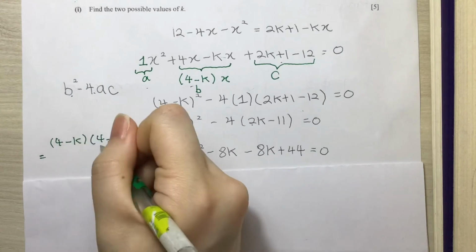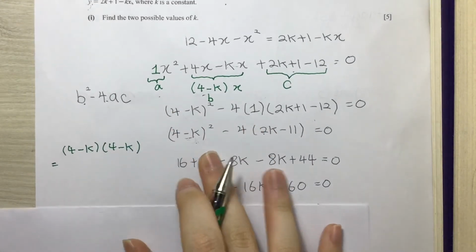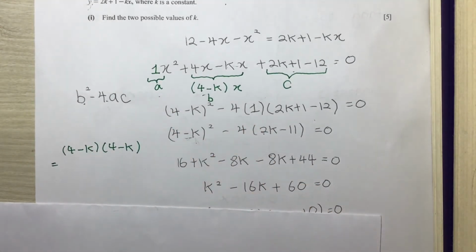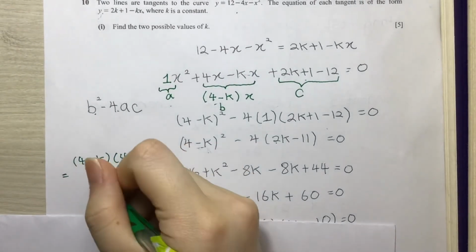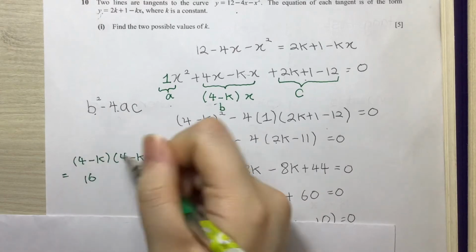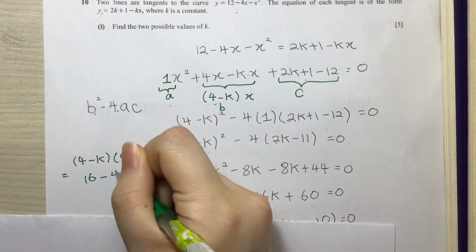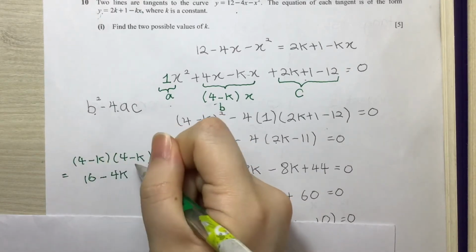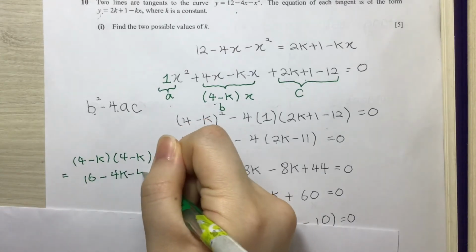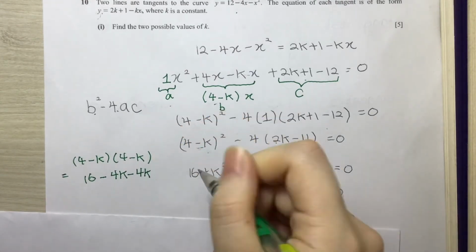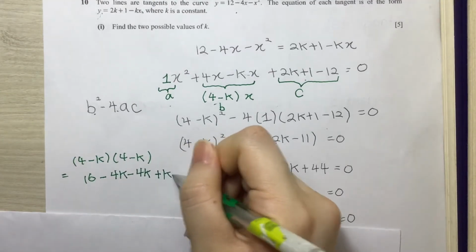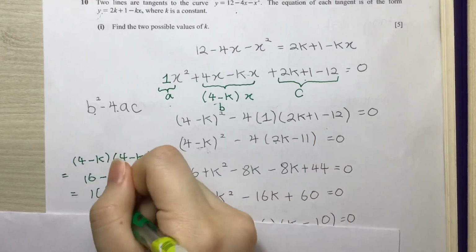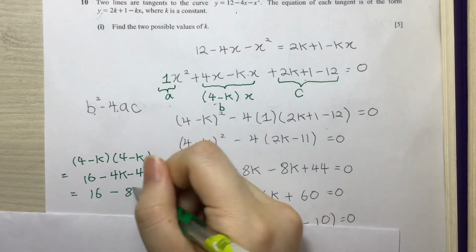So 4 multiplied by 4 is 16. Then 4 multiplied by negative k, you get negative 4k. Negative k multiplied by 4, you get negative 4k again. Then negative k multiplied by negative k, you get positive k squared. And then I just simplify in this way.